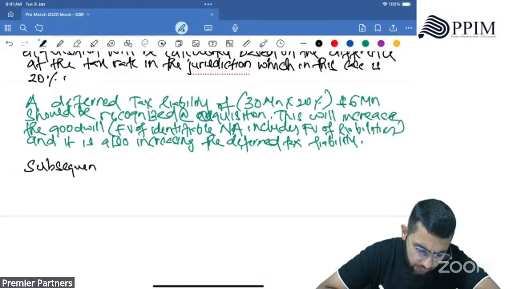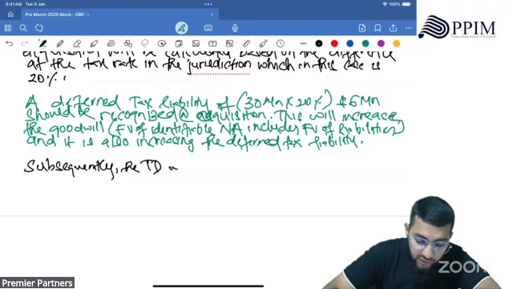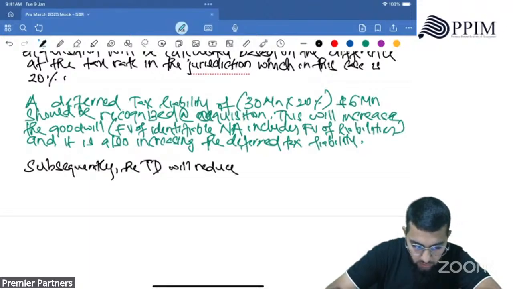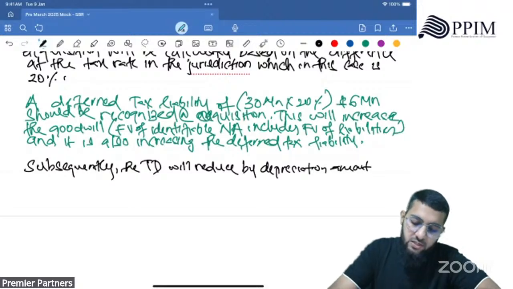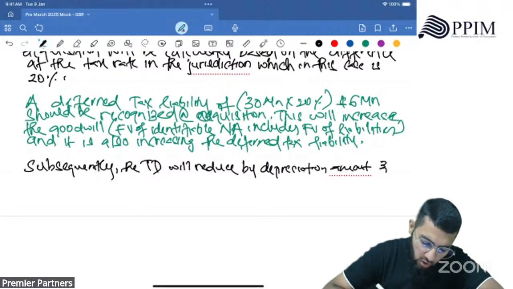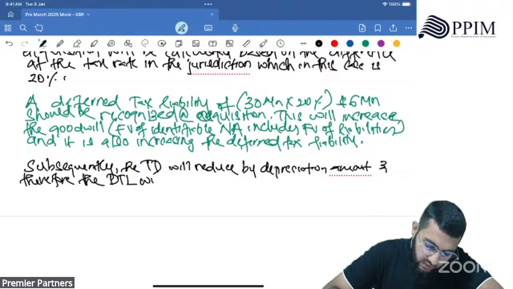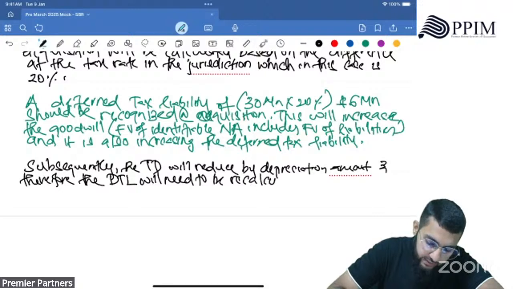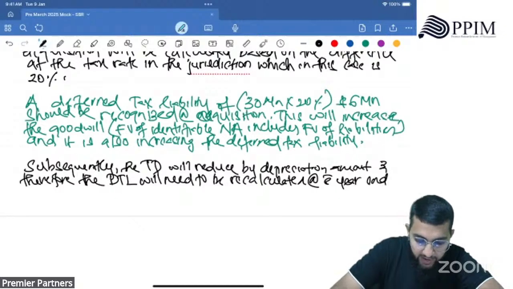Subsequently, the temporary difference will reduce by the depreciation amount or accumulated depreciation amount, and therefore the deferred tax liability will need to be recalculated at the year end and adjusted.